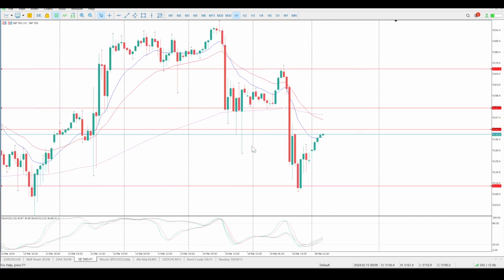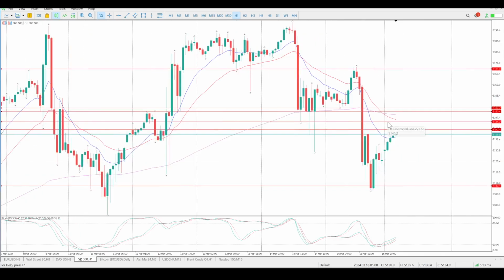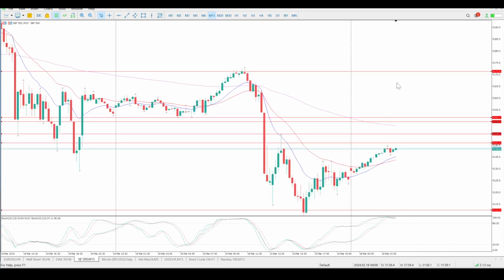As far as I'm concerned, I don't think anybody is convinced what's going to happen with the market. So just get your levels in. You can see there's quite a few in this area. I'm going to put all of them in here, but ideally it's going to be 51.50. Anything around 51.50 is where I suspect we are going to reject this area.